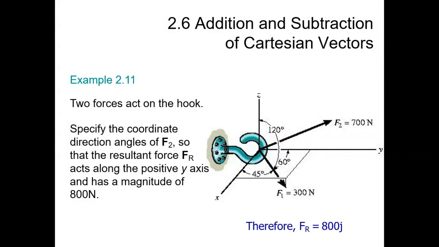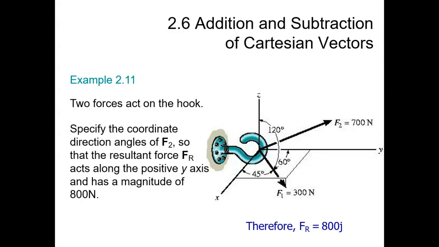And here the problem is, okay, F2 is not fully specified. For F2 I only have the magnitude, right? I don't have its directions. But F1 is fully described.